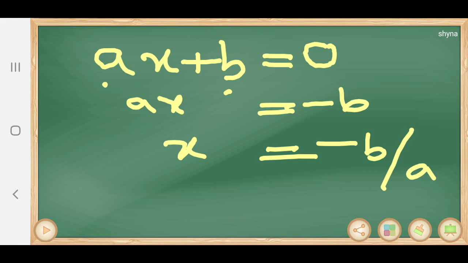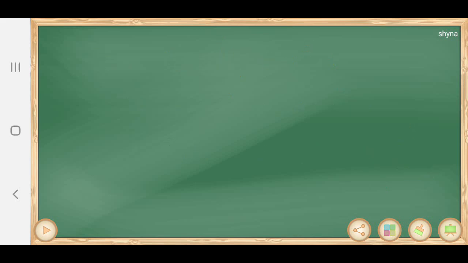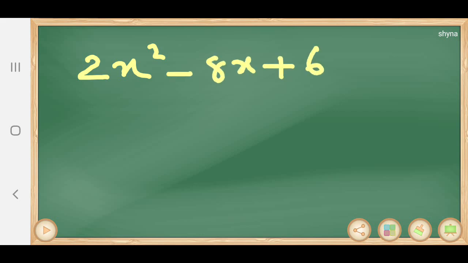In this chapter we have to study the relationship between the zeros of a quadratic polynomial and its coefficients. We can consider a quadratic polynomial 2x square minus 8x plus 6.